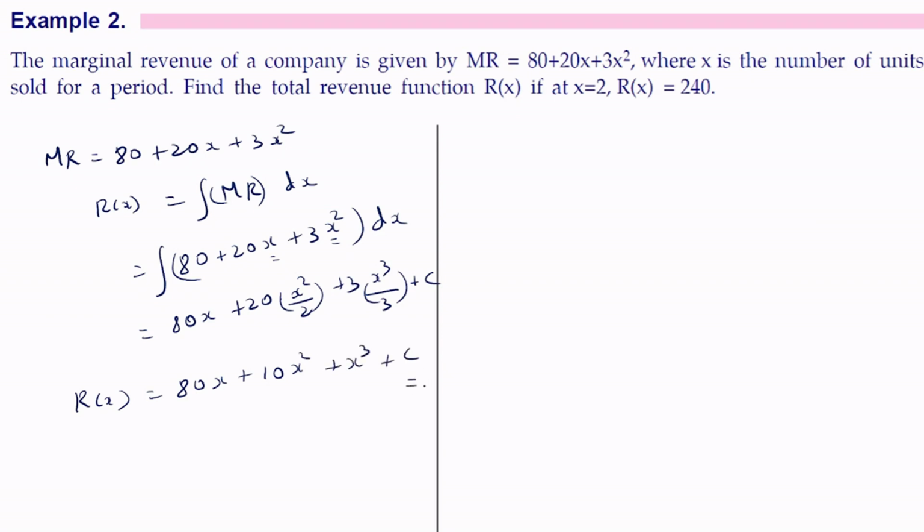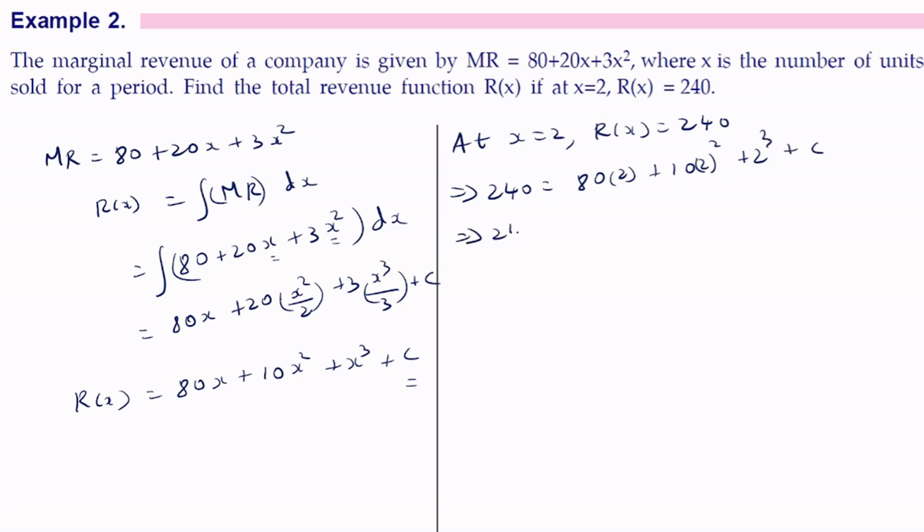We are having this constant of integration c. We have to find the value of c using this condition given. At x is equal to 2, r of x is equal to 240. At x equal to 2, r of x equal to 240 implies 240 equal to 80 into 2 plus 10 into 2 square plus 2 cube plus c.